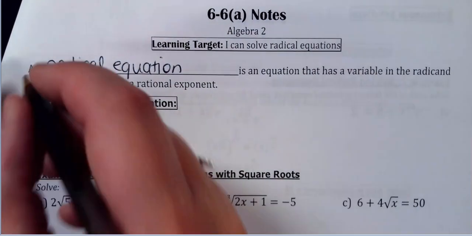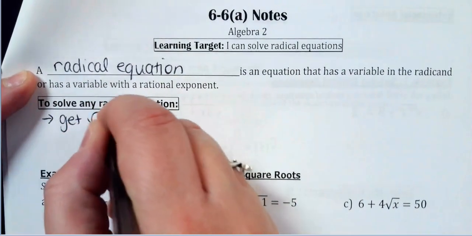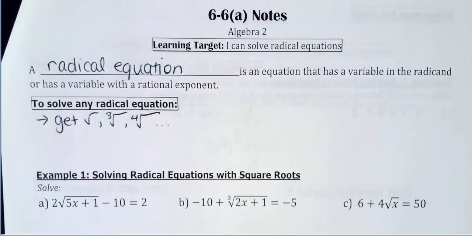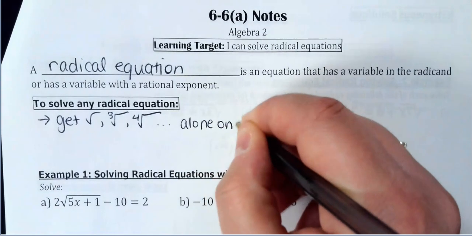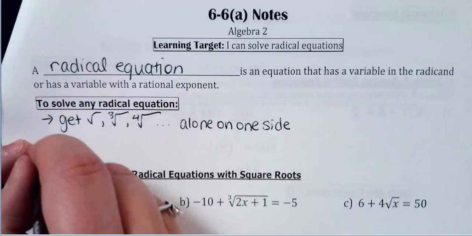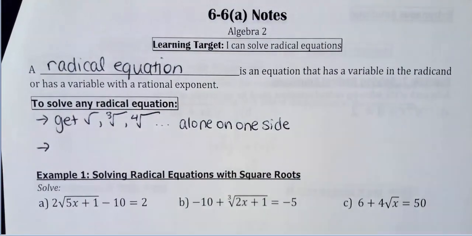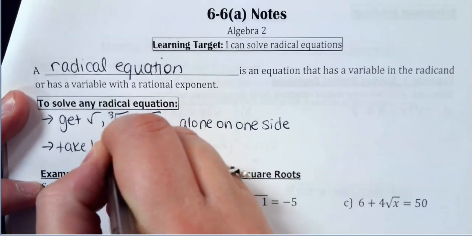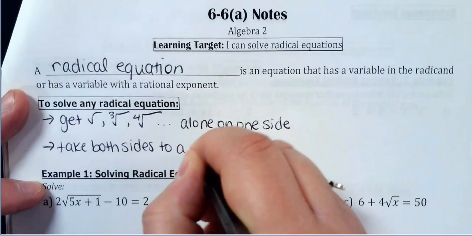What you want to do is get your square root, cube root, fourth root, whatever type of root you're working with, alone on one side. And then to get rid of a root, and it depends on which type you are working with, you're going to take both sides to a power.